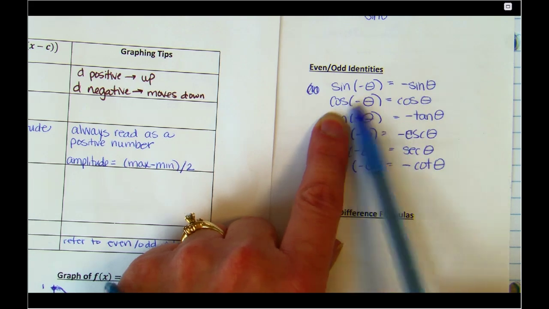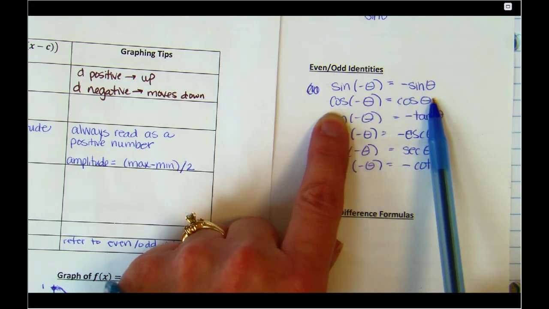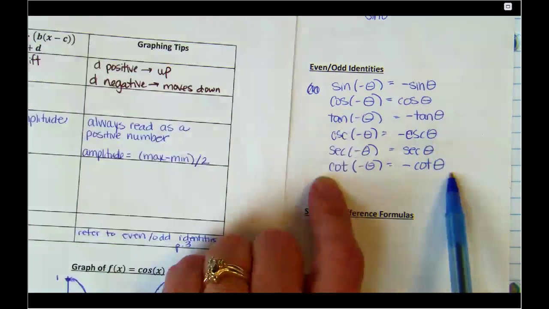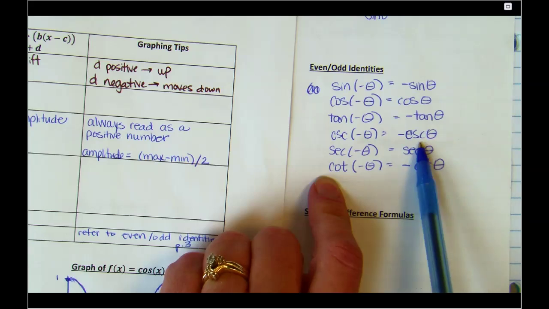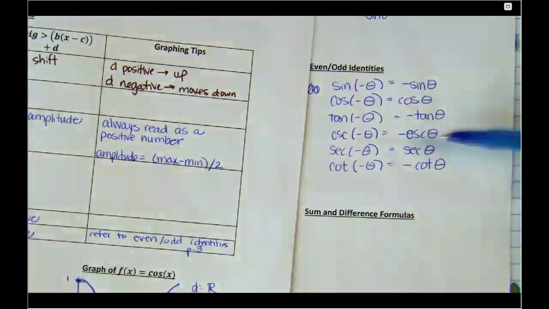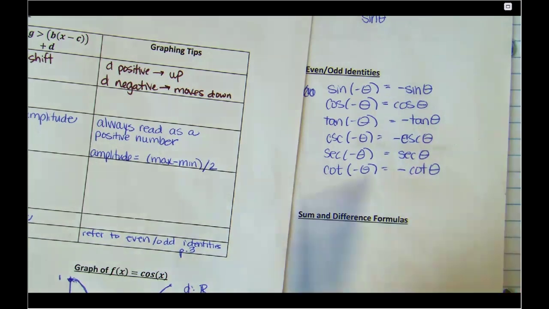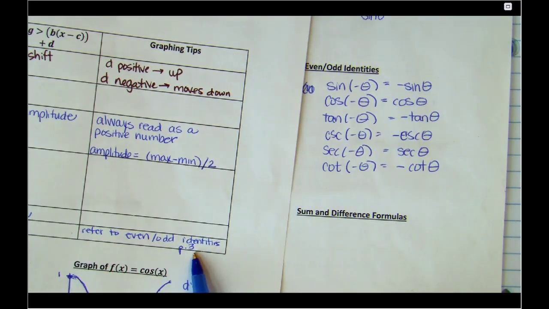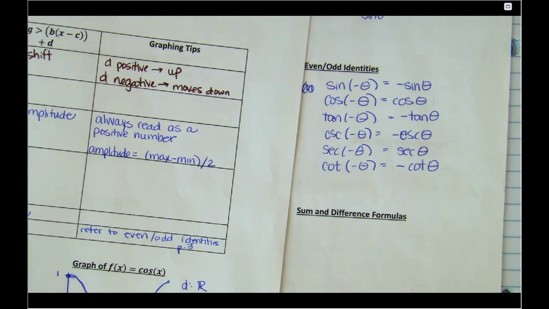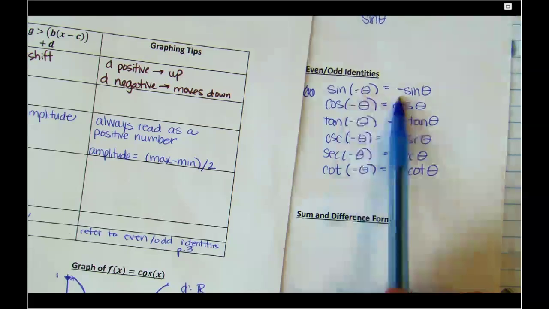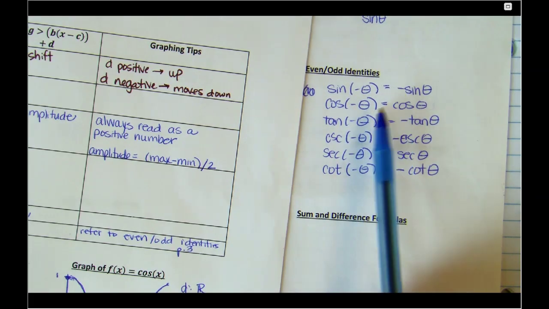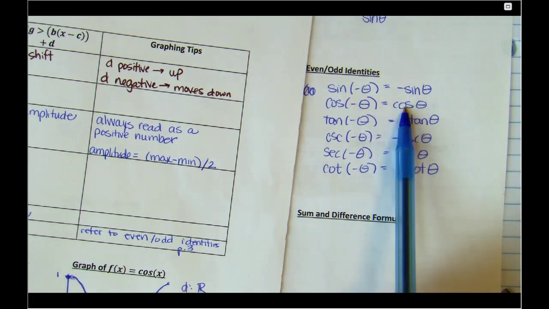We're never graphing tangent or cotangent. We'll talk about cosecant and secant another day, which you don't even have to know. It's these two that you need to know if b is negative. If this is negative, it's going to be an x-axis reflection instead. If this is negative, you can ignore it.